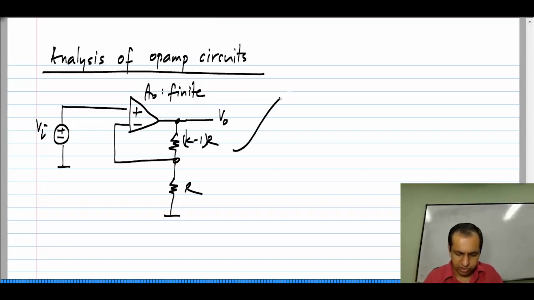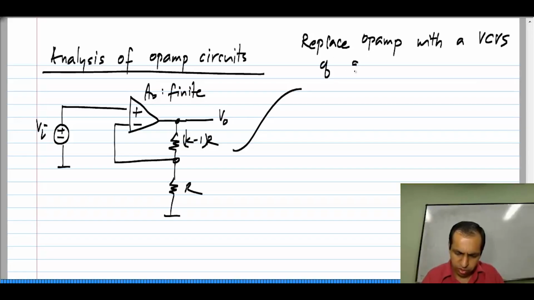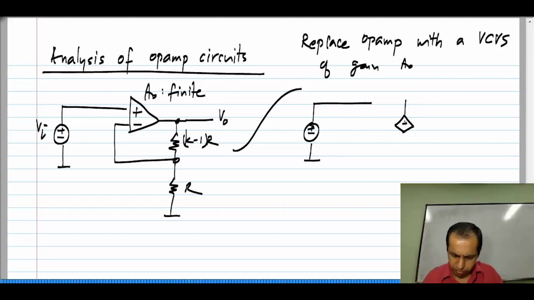All we have to do is replace the op amp with a voltage controlled voltage source of gain A naught. Okay. So, my circuit becomes this. This is V D, this is A naught V D.